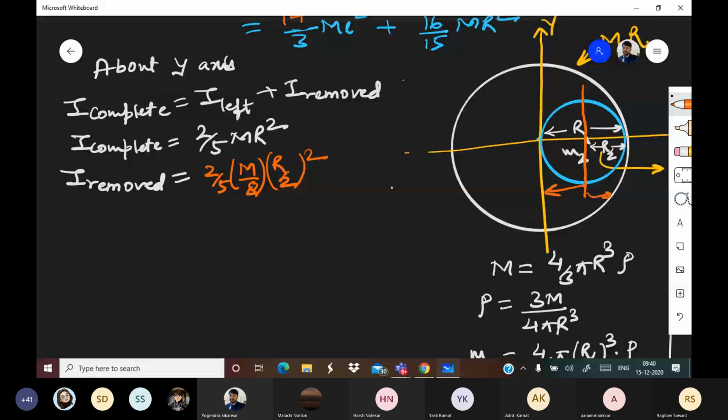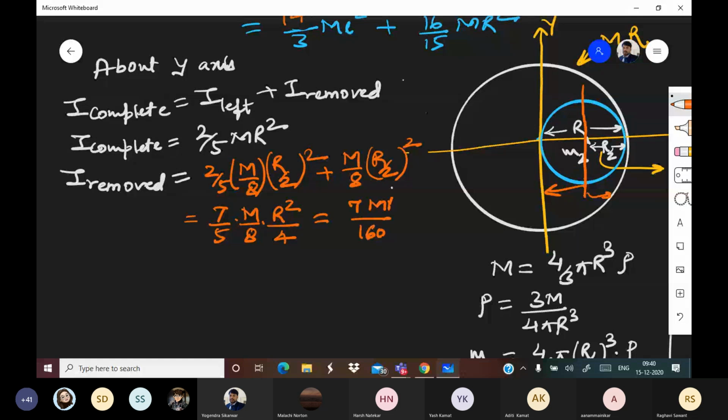But we need to shift it, so that will be plus m by 8 into r by 2 square. So the total will become 7 by 5 into m by 8 into r square by 4. And 8 into 4 is 32, into 5 is 160. So 7 mr square by 160. That is I removed.